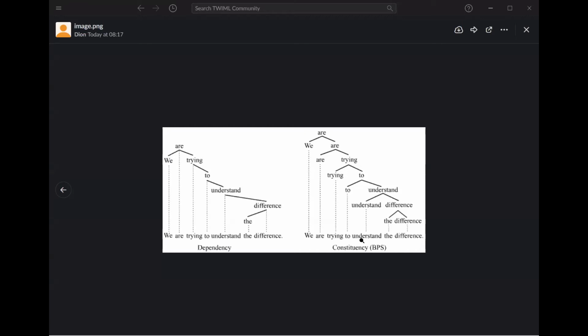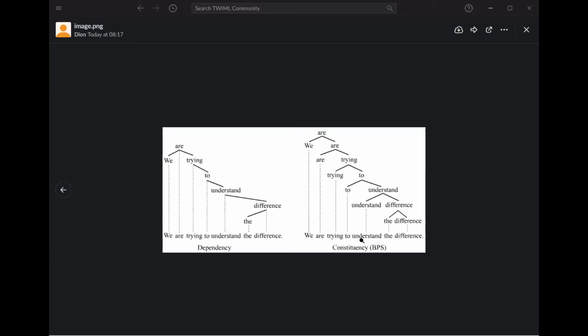It seems to me that they want to match the linear order of the sentence. Ah, yes, very nice, thank you. So with Dion's help, we can understand the structure of the dependency graph, because if you go from left to right, that gives you the linear structure of the sentence. You can actually see it that way.